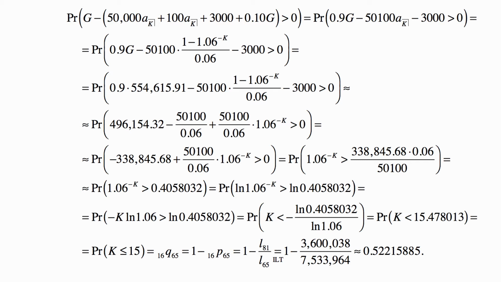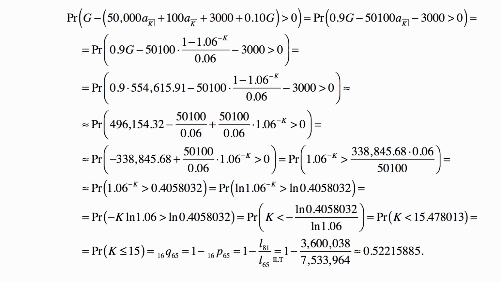So v to the K is 1.06 to the minus K. Okay, then we also plug in what G is, and G is 554,615.91. So multiplied by 0.9.